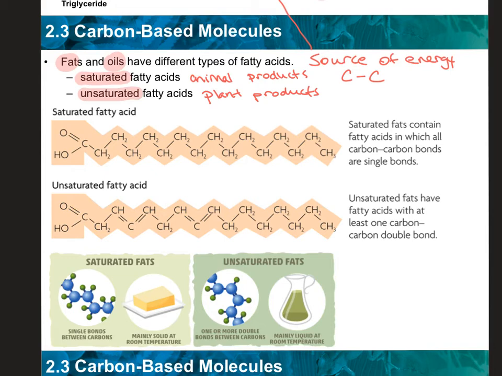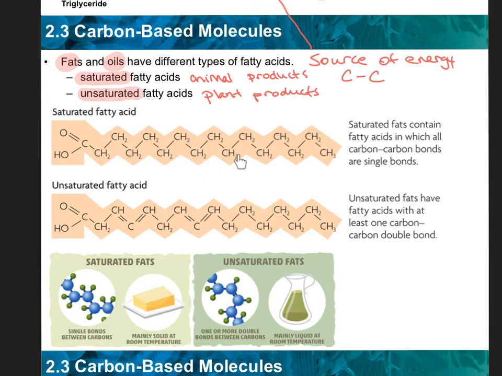So let's look over here at what it says. Saturated fats contain fatty acid tails or fatty acids in which all carbon-carbon bonds are single bonds. So when I look at this fatty acid tail, I see only single bonds. That means one line. So that's one covalent bond between each carbon.